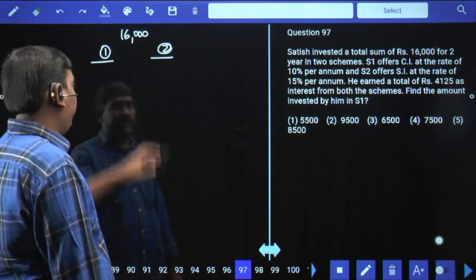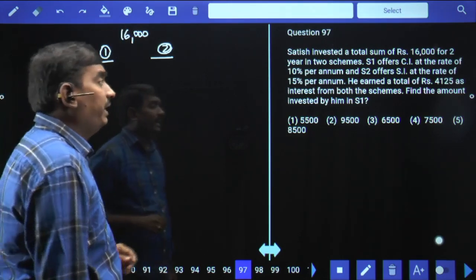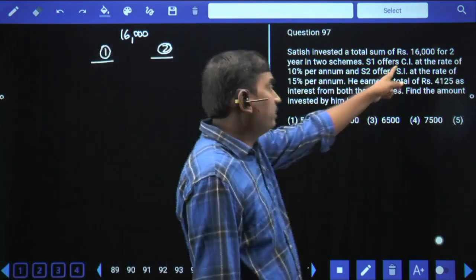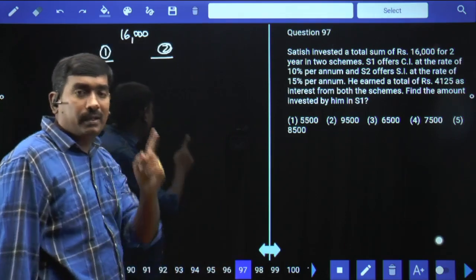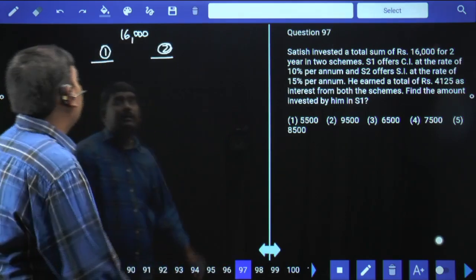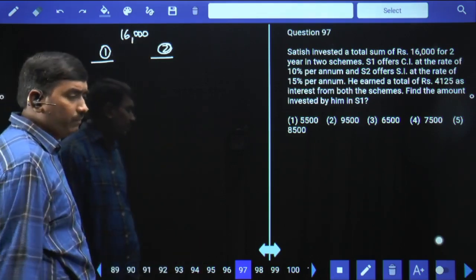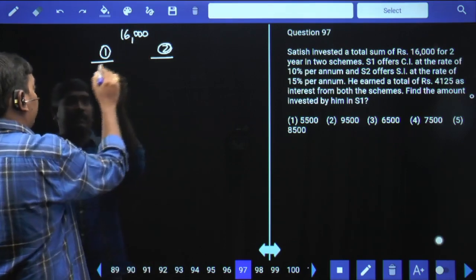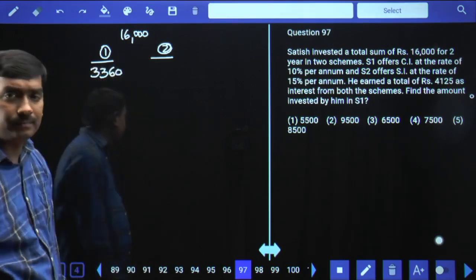Suppose we invested the entire 16,000 rupees in scheme 1, what might be the interest? Scheme 1 offers compound interest at the rate of 10% per annum. For 1 year 10%, for 2 years 21%. 10% is 1,600, 20% is 3,200, 1% is 160. So 21% means 3,360.